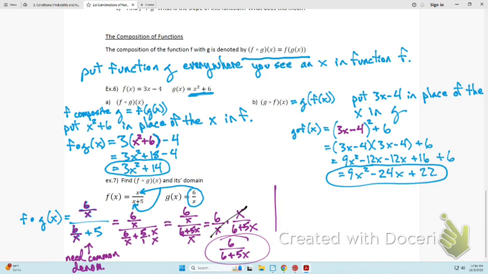Now for this next part, we need to find the domain. Earlier in the handout, we were worried about square rooting a negative. We also need to worry about 0 in the denominator. So we need to exclude values that make the denominator 0.